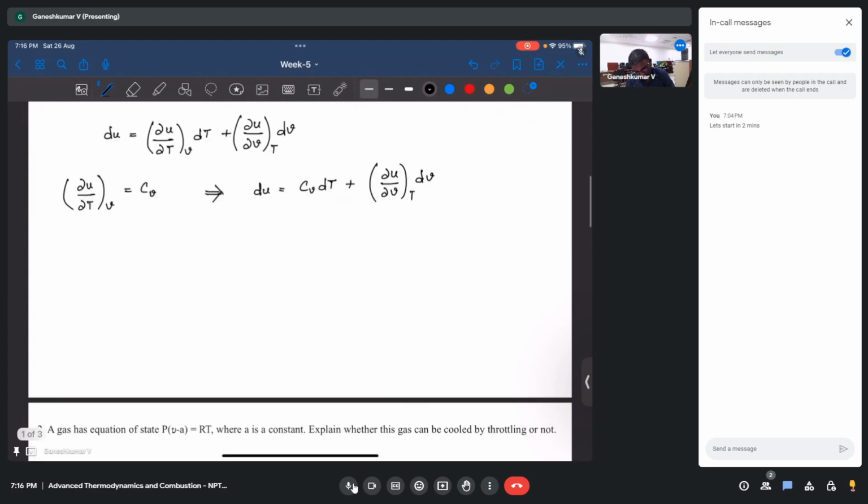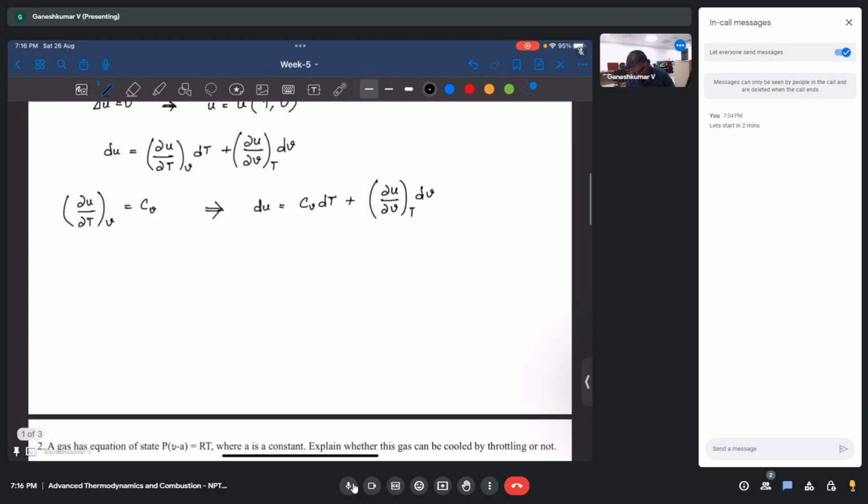And now you can recall the first internal energy equation which the professor discussed in the lecture.